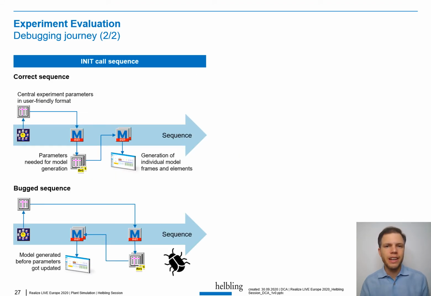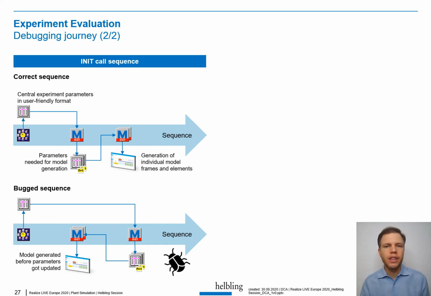Let's look more in detail at the init call sequence of one observation. The correct sequence would be the following. At each new scenario, the experiment manager updates the experiment parameters in a central table, like machine quantities or the product mix. Since the model is quite complex, this information is transferred by an init method to different tables, variables, and attributes.